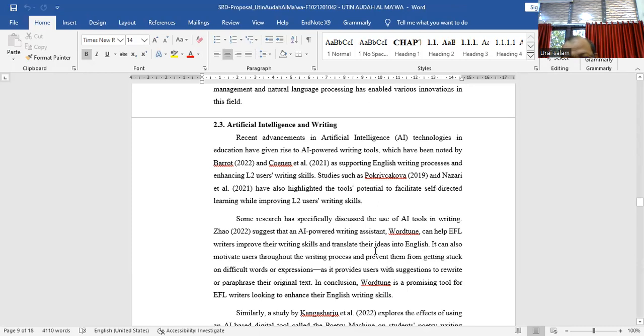Grammarly is a grammar checker, but Grammarly is already in the transition between the first generation and the second generation, because the current version of Grammarly can also provide very good paraphrasing. And then paraphrasing tools, there are many.